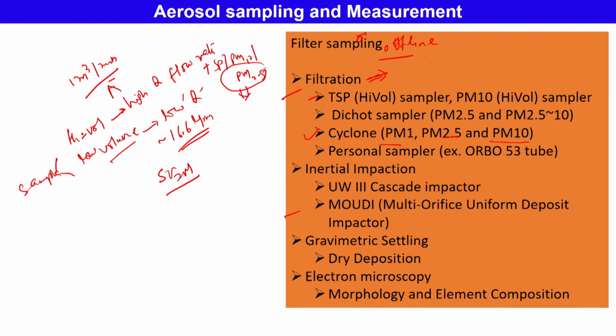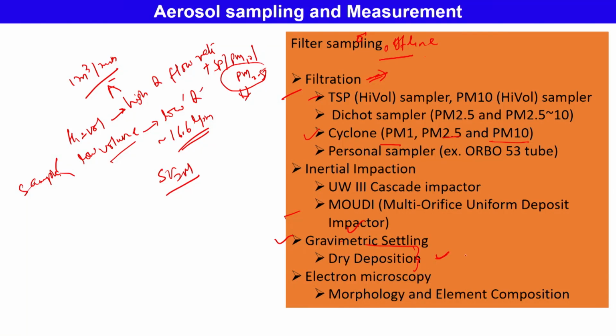This becomes very important. And of course another method is gravimetric settling itself. So particles are deposited directly because of their own gravity, and in this case what you are going to get is dry deposition.